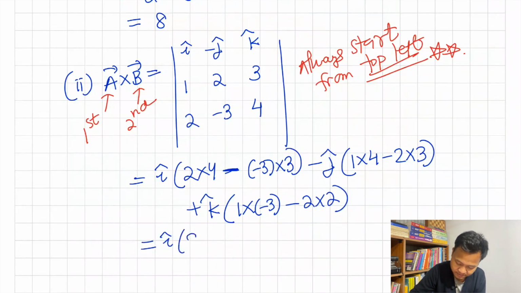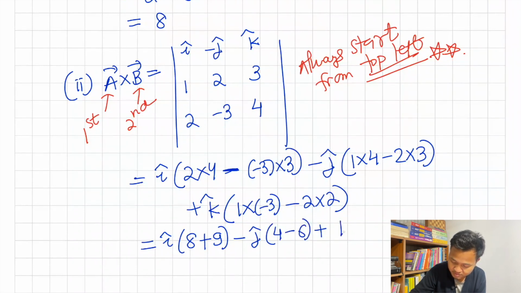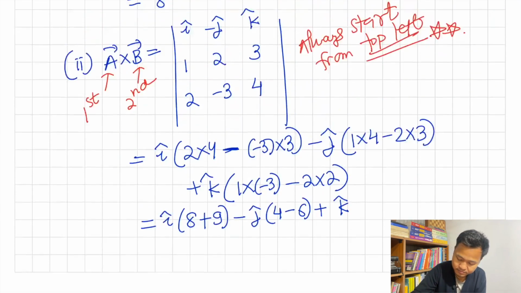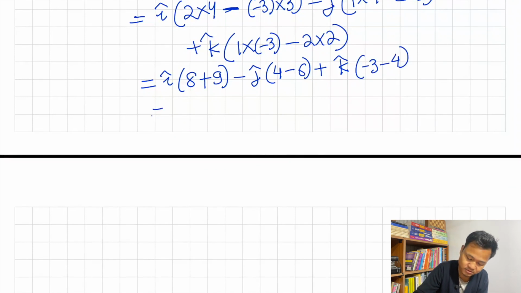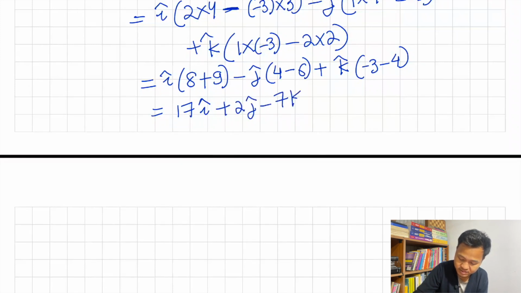So i times (8 plus 9), minus j times (4 minus 6), plus k times (minus 3 minus 4). So how much is this? 17i cap plus 2j cap minus 7k cap.